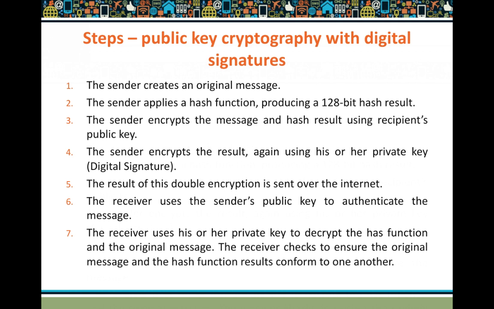Now the receiver will get the message, and the sender's public key will be used to authenticate the message first, and then the receiver will use the private key to decrypt the hash function and thereby the original message.